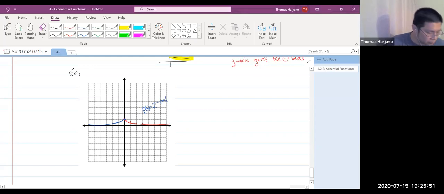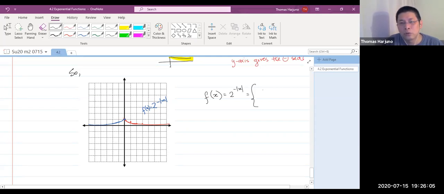That's the graph of 2 to the negative absolute of x, which actually we can write this way. f(x) equals 2 to the negative absolute of x. That's the same as 2 to the negative x for x at least 0, and 2 to the negative of negative x for x negative.